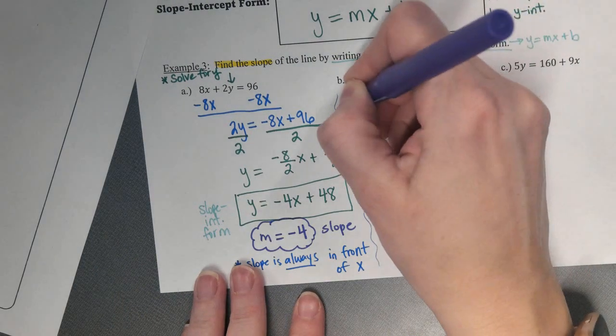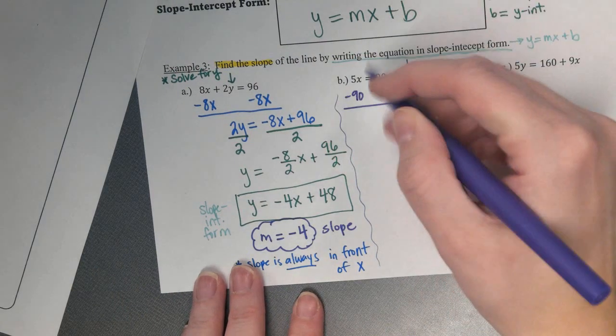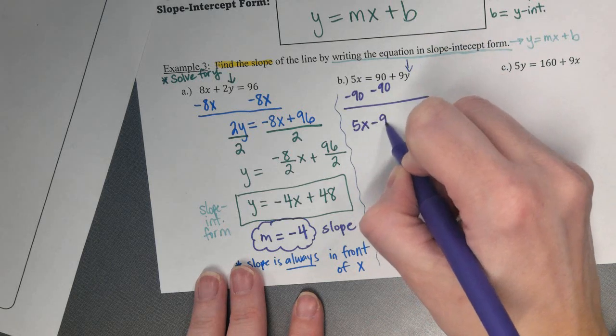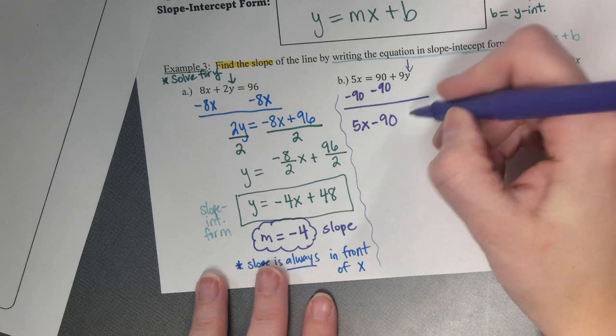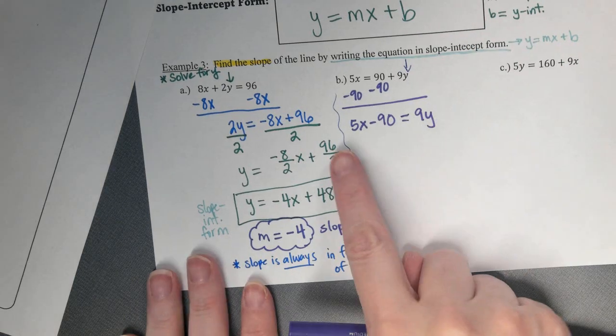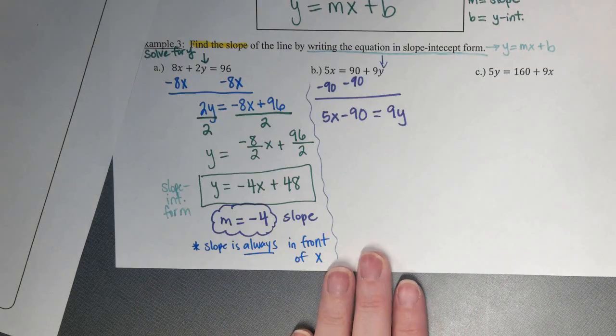If you subtracted, you are correct. Again, the x is always going to go first, so 5x minus 90. You can't do 5 minus 90. Why is that not allowed? Why do I have to write them out separately?